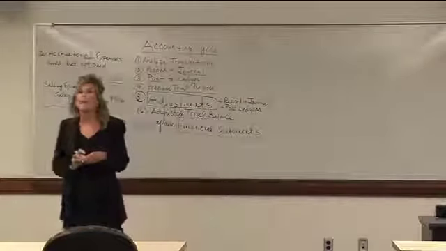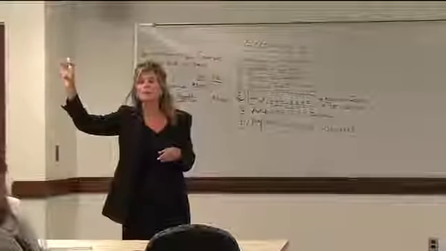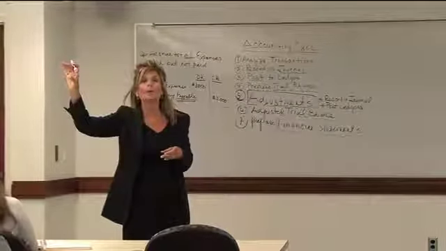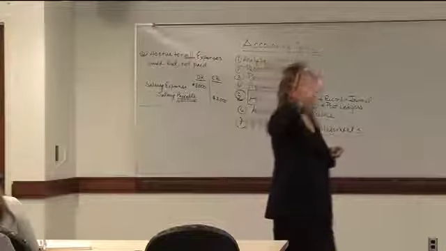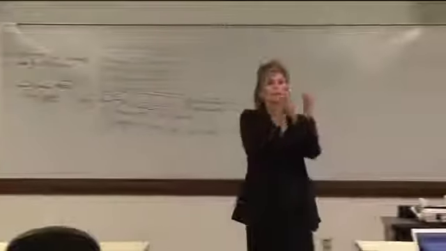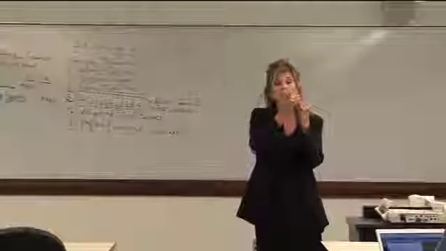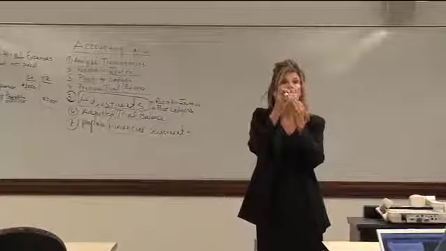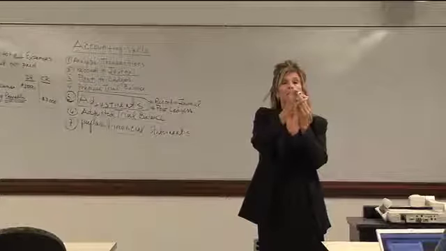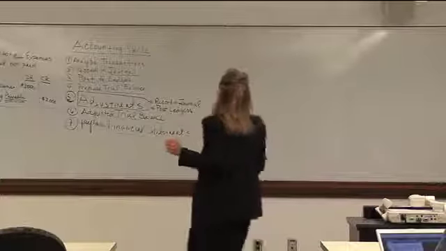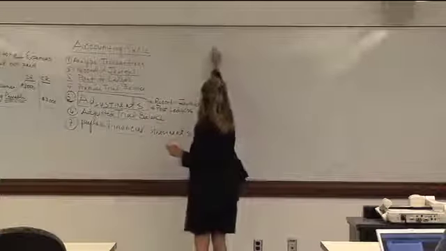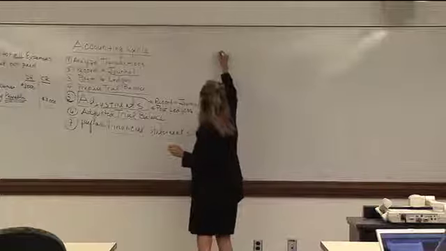What do I mean by that? You always write the name of the company whose financial statement you're reporting first. Next, you report the name of the financial statement, income statement, statement of retained earnings or statement of owner's equity, balance sheet, statement of cash flows. Very important. So let's take a look at that first financial statement, which is the income statement.